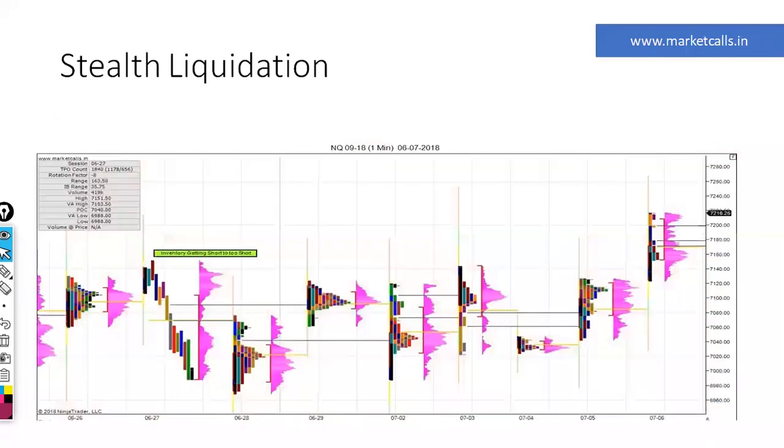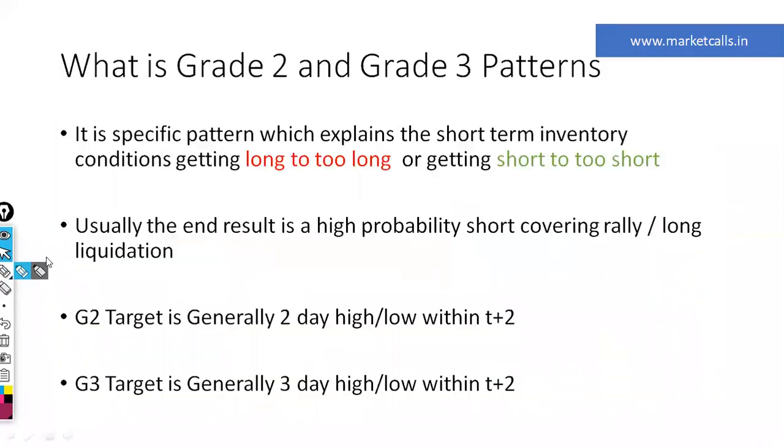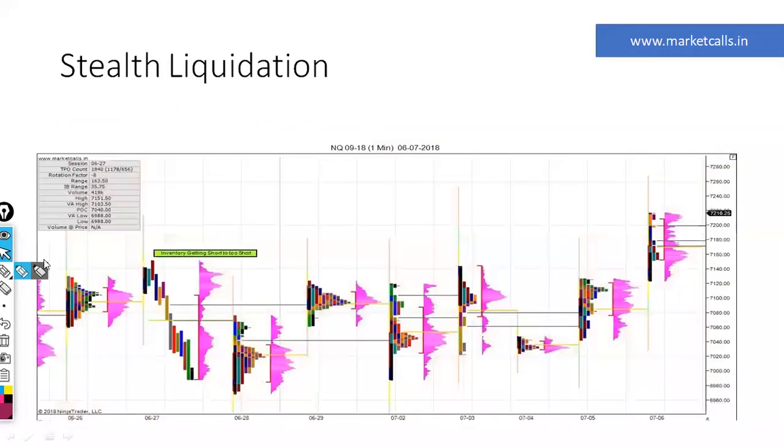Again, we already talked about stealth liquidation multiple times. This is NASDAQ futures, where one of the days the inventory was, you can see, at one of the day highs. There was a sell-off. Again, buyers are trying to shoot up. They're not getting anything. Again, the buyers are trying to shoot up. They're not getting anything.